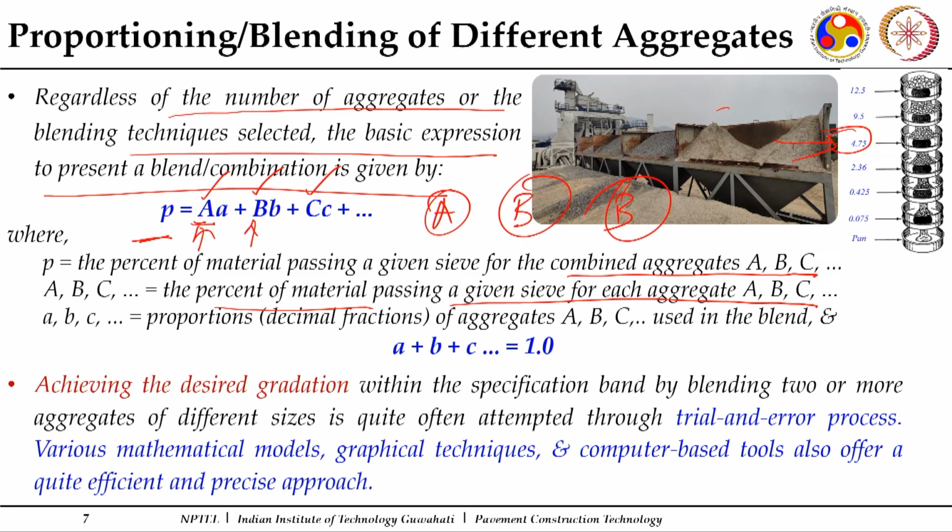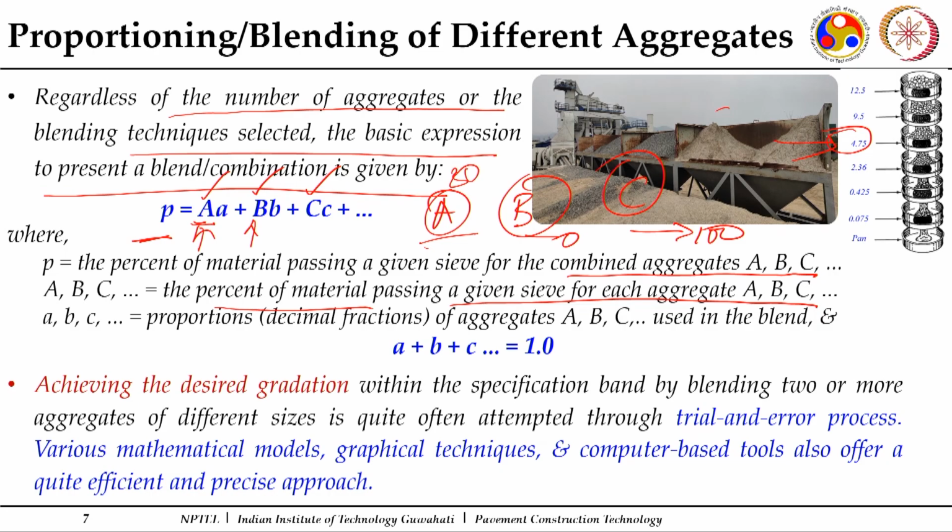So, I will check. There may be a chance that this is 100% passing. There may be a chance this is 0% passing, that for this material, through 4.75 everything is retained over it. Then this is for B. For material C, it may happen that 100% passes through this 4.75, and for this particular material, it may happen that 80% may pass through it.